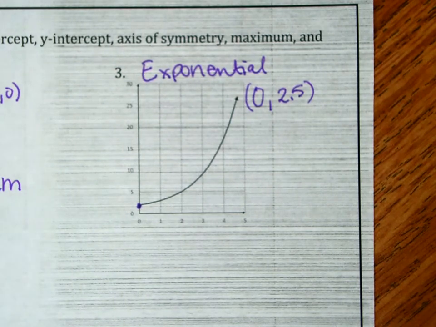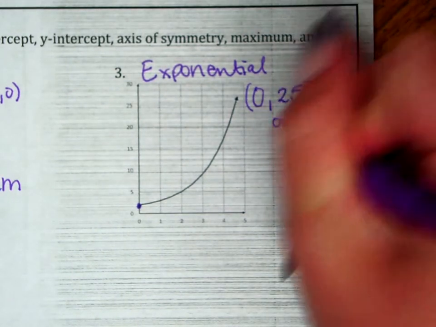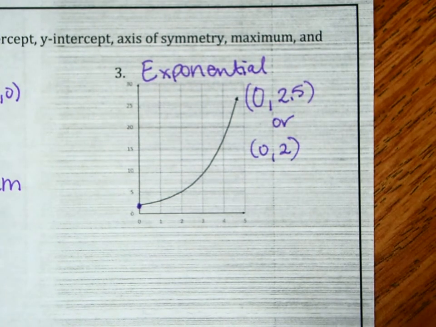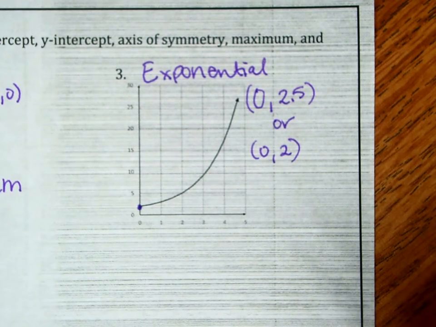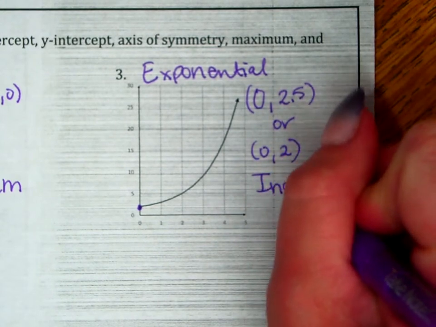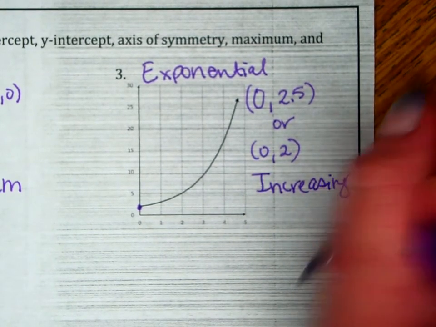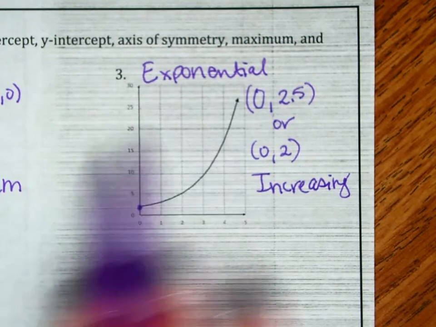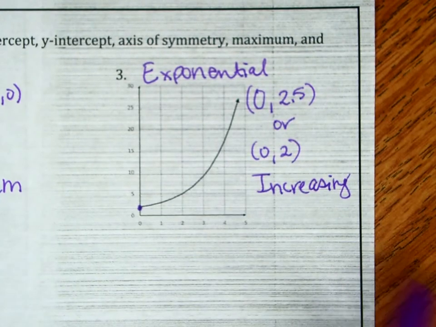Maybe you can argue that your y-intercept is 0, 2. Also, again, you don't have a maximum value and you don't have a minimum value. And this function is an increasing function because if I go from left to right, it's going up. If it was going down, it would be a decreasing function.